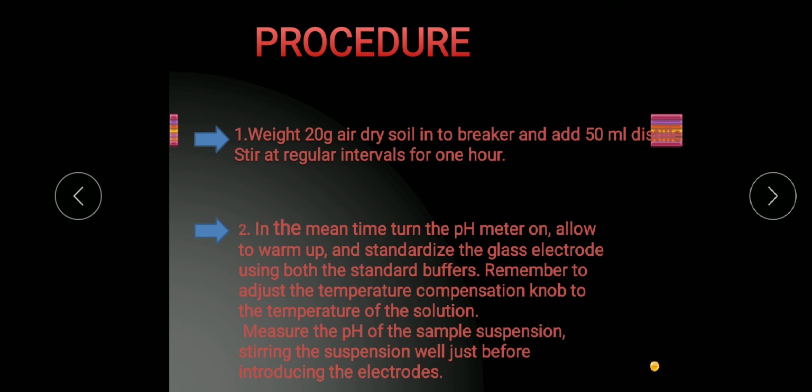Second, in the meantime, turn the pH meter on, allow it to warm up and standardize the glass electrode using both the standard buffers. Remember to set the temperature compensation knob to the temperature of the solution. Then measure the pH of the sample suspension, stirring the suspension well just before introducing the electrodes.